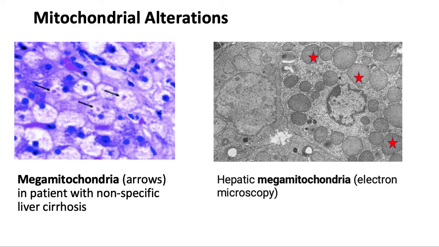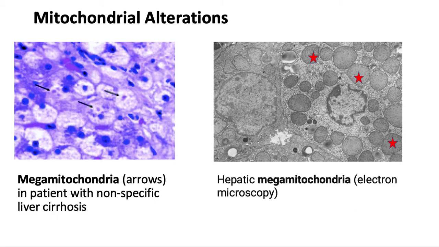For example, on the right, you can see cellular hypertrophy, and there is an increase in the number of mitochondria in cells. Conversely, mitochondria decrease in number during cellular atrophy, probably due to autophagy.